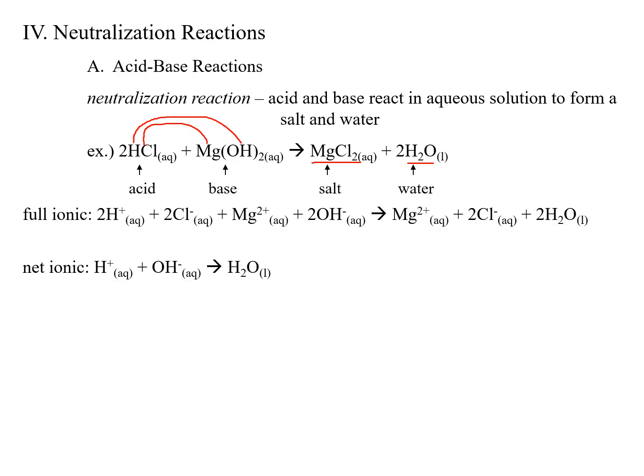Well, what's the pH of water? We said before, pH of water is just neutral. It's 7. So if H2O is our main product here, and H2O is neutral, then we just neutralized the acid and the base. That's why we call this a neutralization reaction.